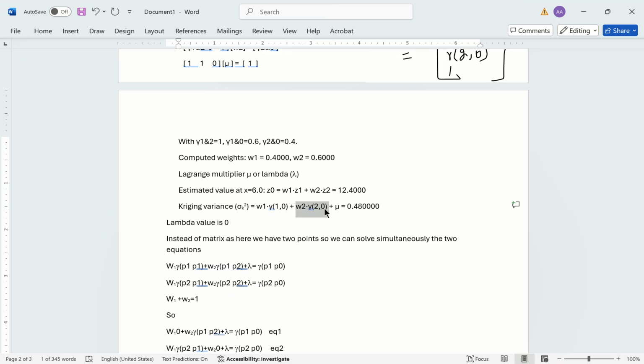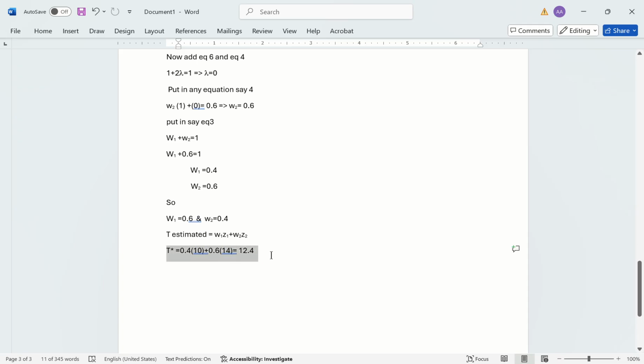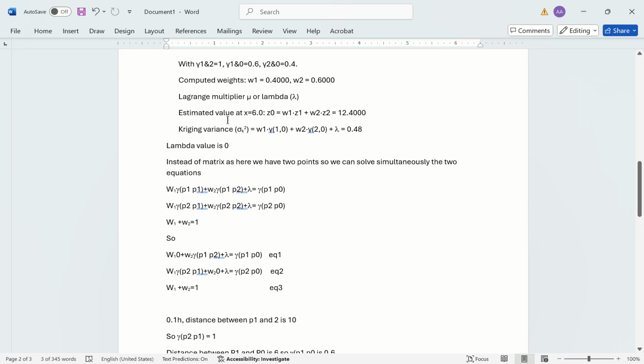If we had another point, then it would have been plus W3 gamma 3 into the point of interest, and so on, and plus the lambda, or we have written it over here, but it should have been lambda, so let me make it lambda. At times we use mu for mean. Which equals 0.48. Okay, so this is the Kriging variance, and we have calculated the grade.